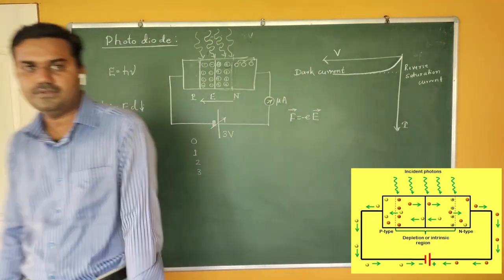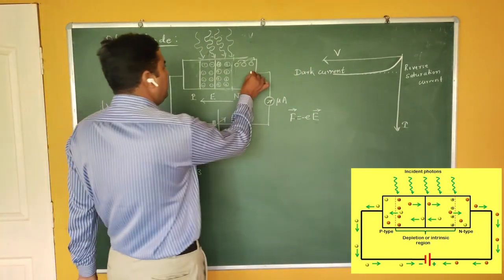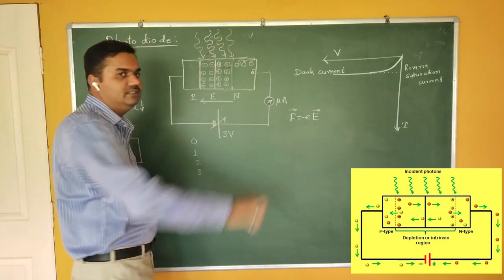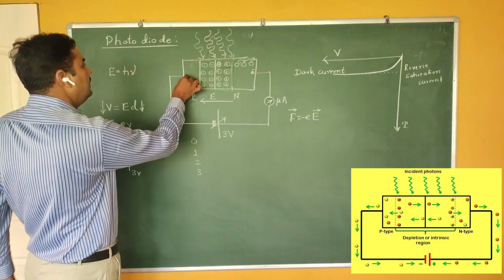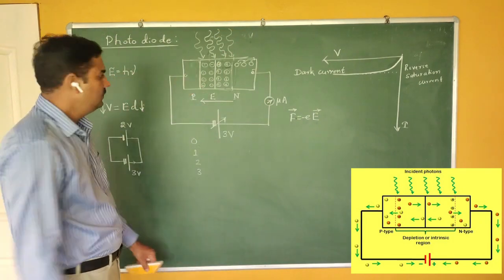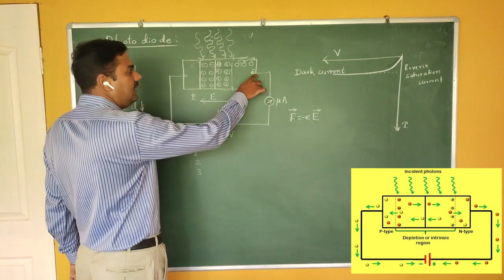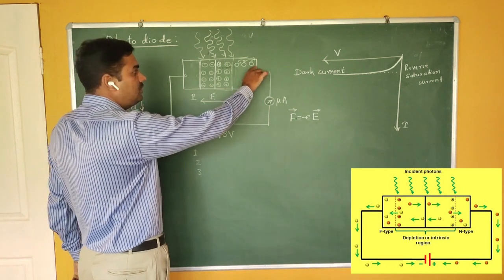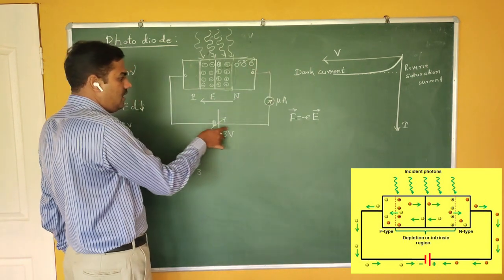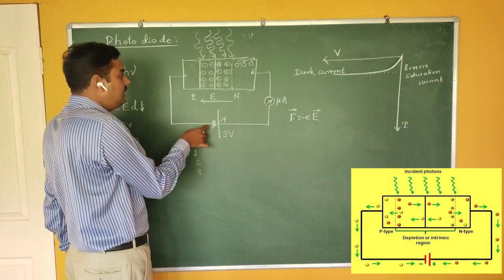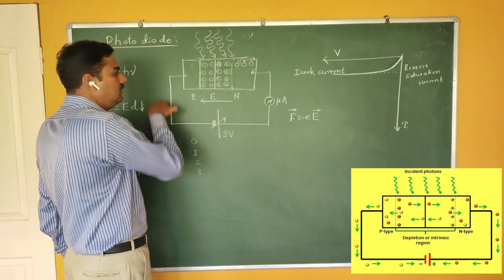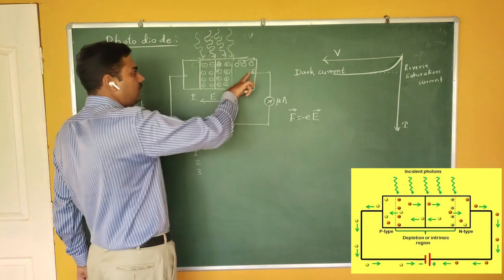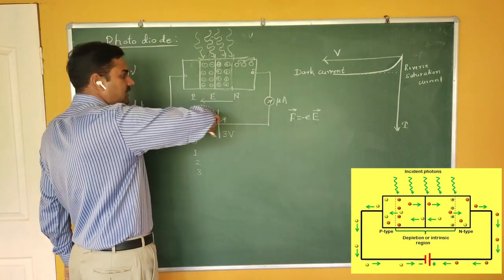Now how does the current flow here? Very simple. Finally this electron comes to the other side, then you have the hole on the other side. So this battery applies a force of repulsion on the electron and it supplies that electron to the other side. So the flow of electrons takes place.